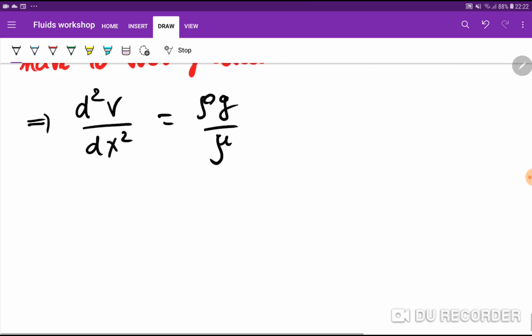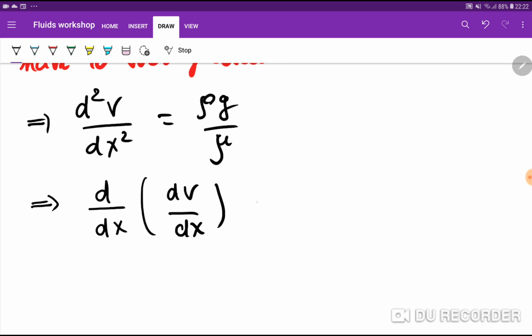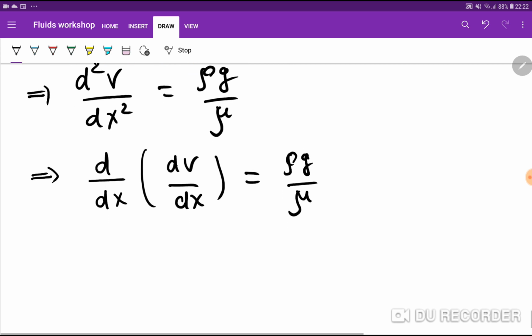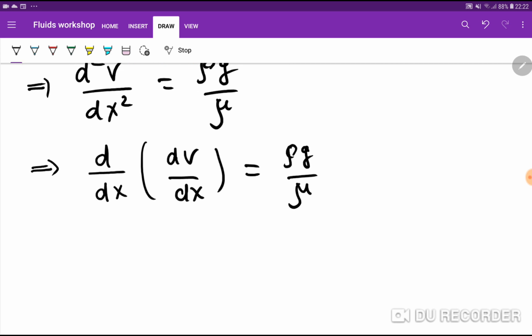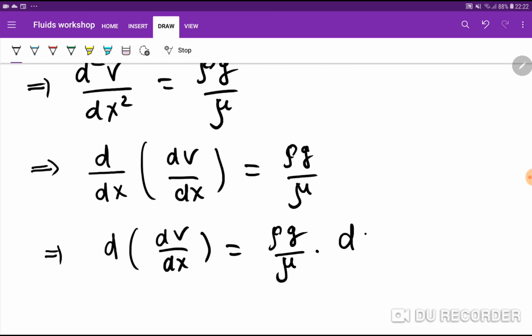If you remember, the second derivative is just the derivative of the first derivative, so I will rewrite it like this: d over dx of dv/dx equals rho chi over mu. I will multiply both sides by dx, so we have d of dv/dx equals rho chi over mu times dx.